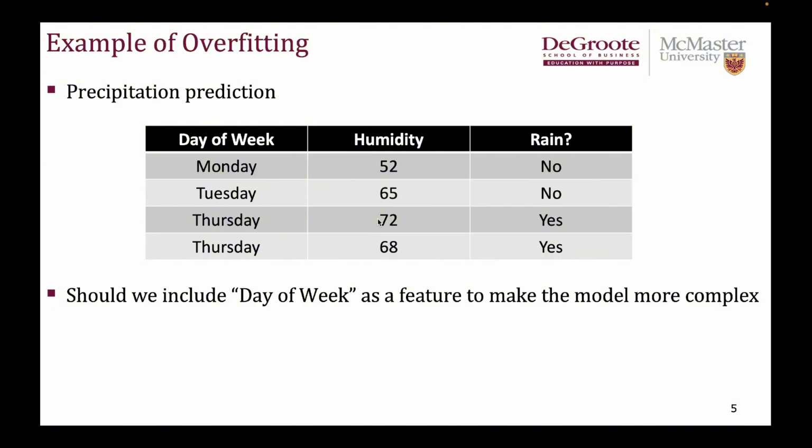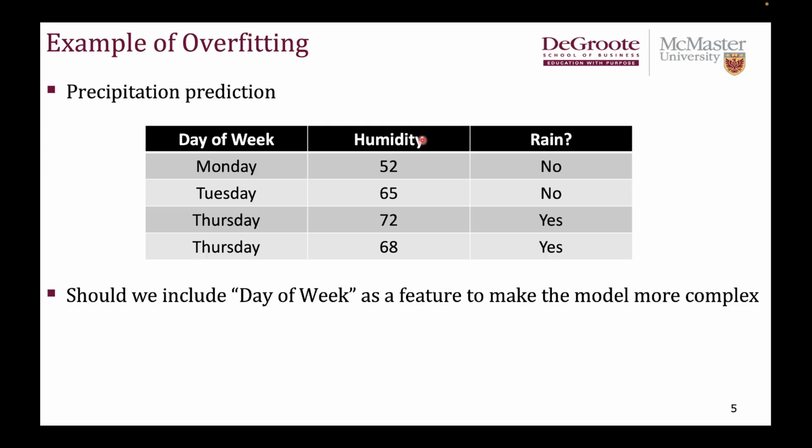And we know that if it's more humid, maybe it's more likely to rain, right? If you look at the data in this table, it actually shows that if the humidity level goes up, it is more likely to be raining, right? So if you have a model that predicts whether or not it's going to rain based on humidity, it seems good, right? Because you only use one prediction feature, which is humidity, which is reasonable, right?